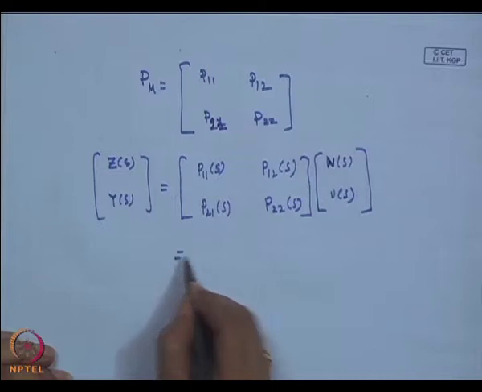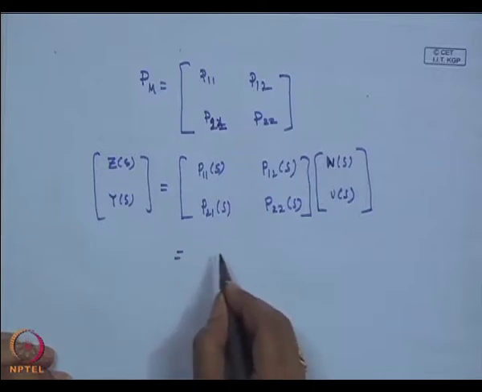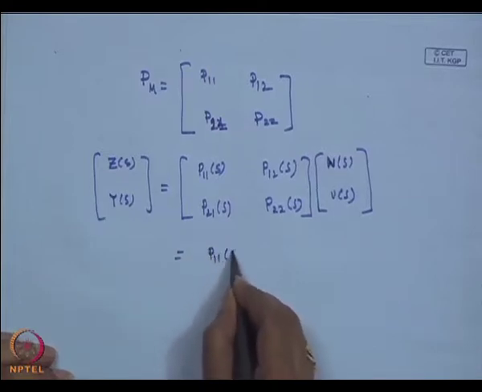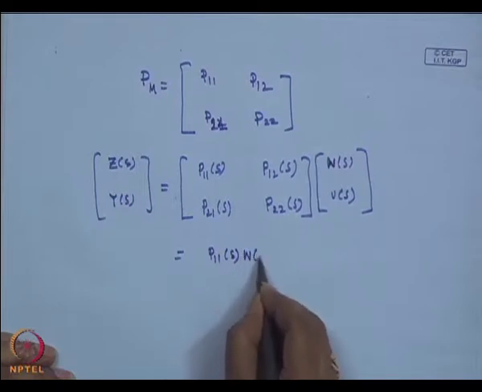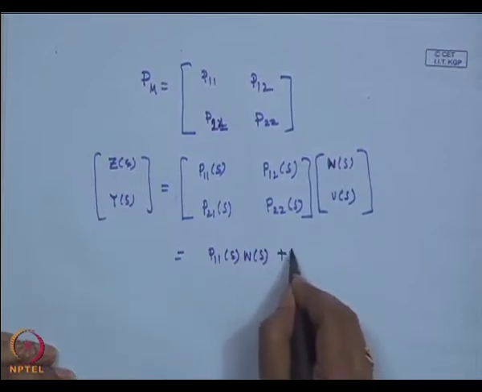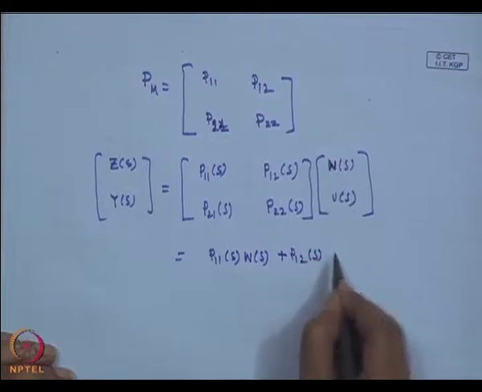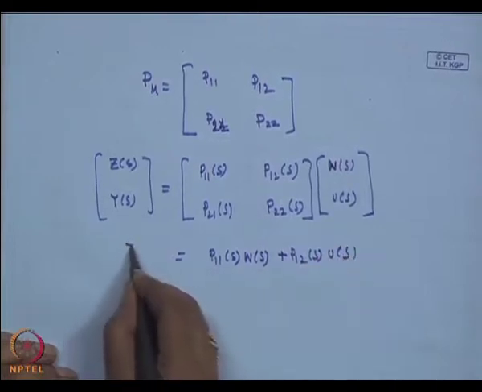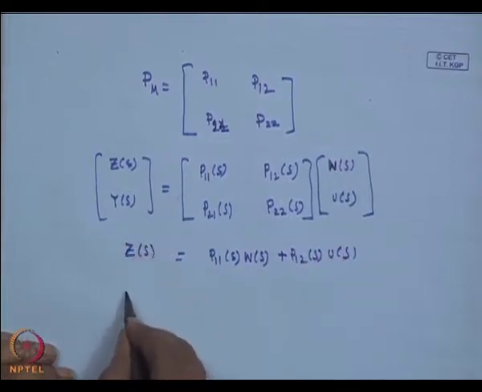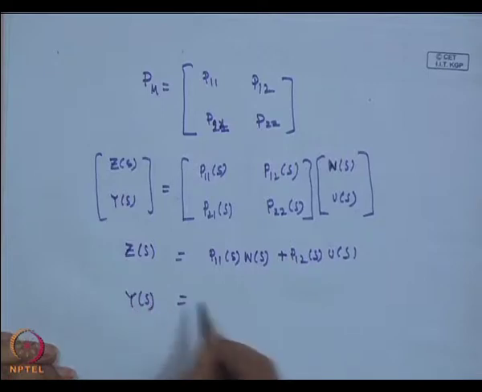Z1, if you see this has two parts, P 11 s into W of s plus P 12 s U of s, it is a Z of s, and Y of s is equal to what is this?